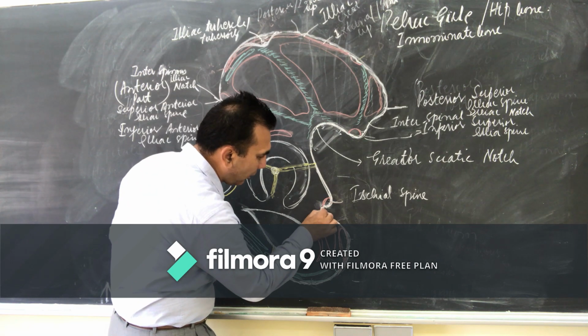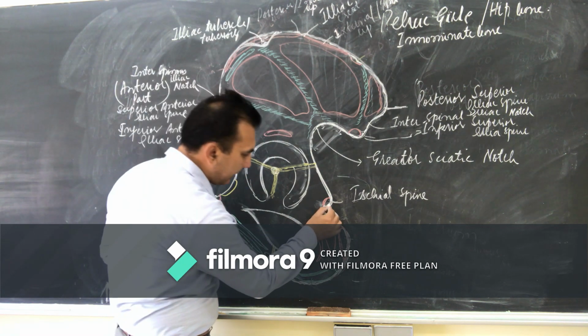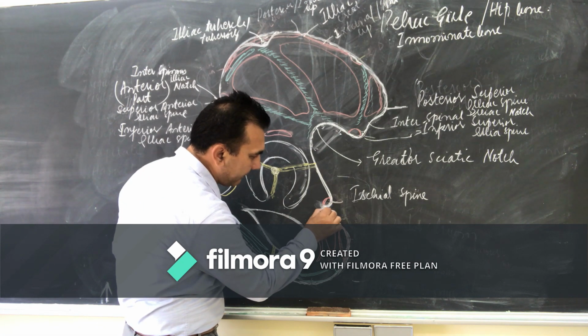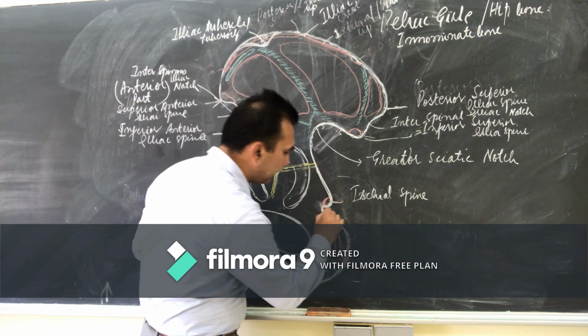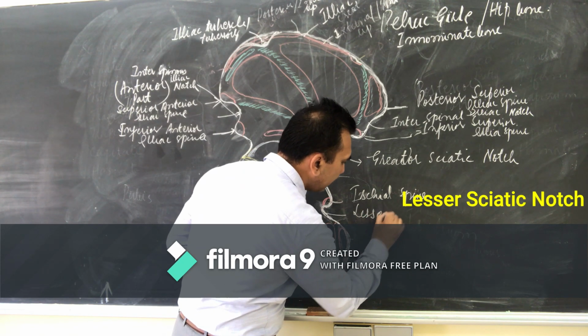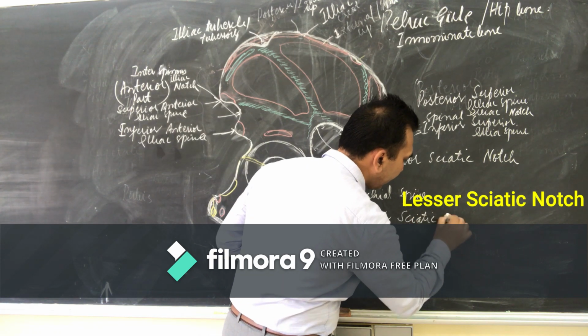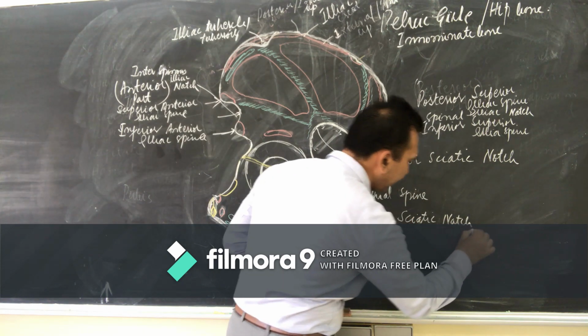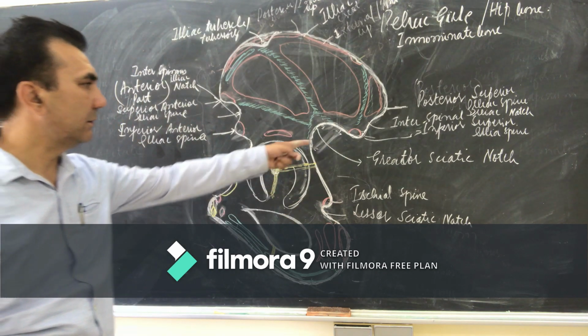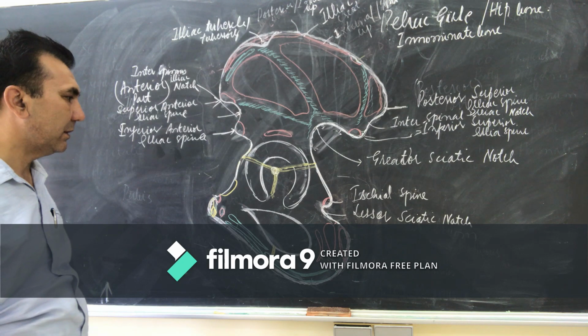Just below the ischial spine is another notch here, and this notch is called the lesser sciatic notch. This one is the greater sciatic notch, and this one is the lesser sciatic notch.